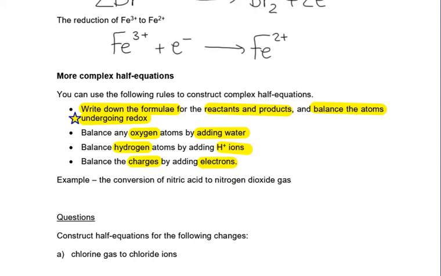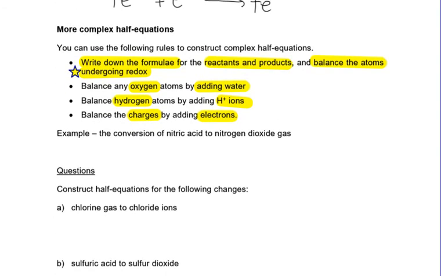Let's have a go. Conversion of nitric acid. So we know that nitric acid is HNO3. So this is step 1, write down the formulas for the reactants and the products. So if you can't do this, you need to go back to the introduction to chemistry and make sure you're familiar with formulae. And nitrogen dioxide. So I've written down the formulae.